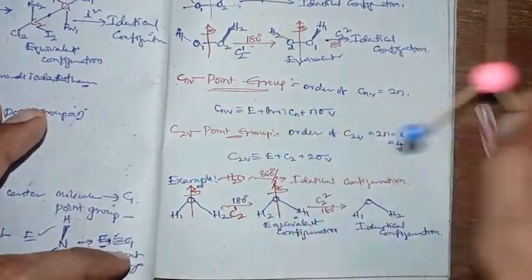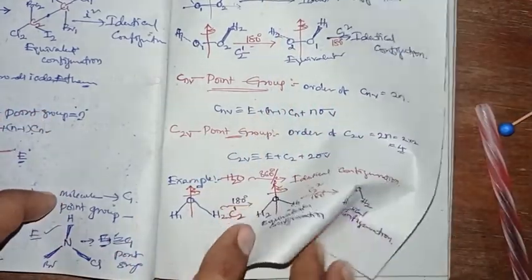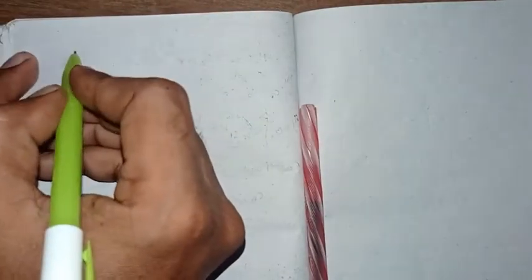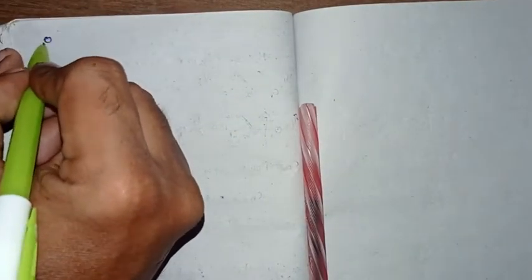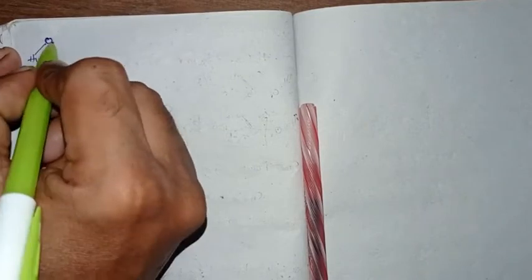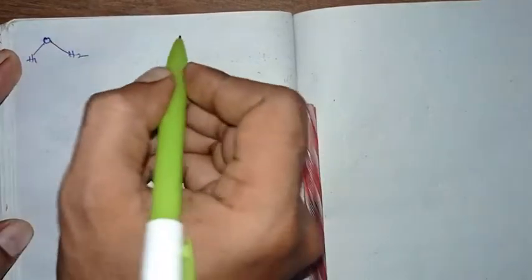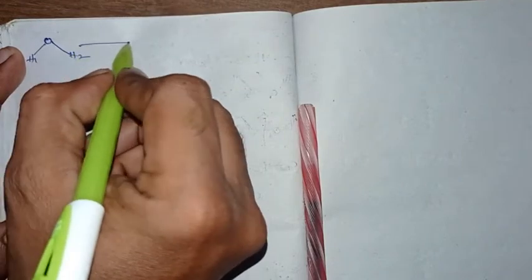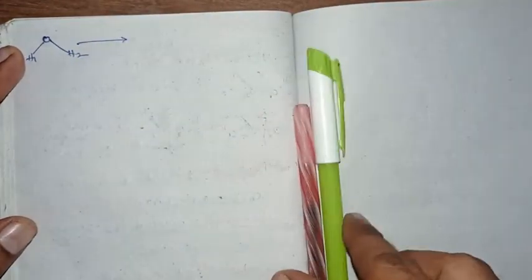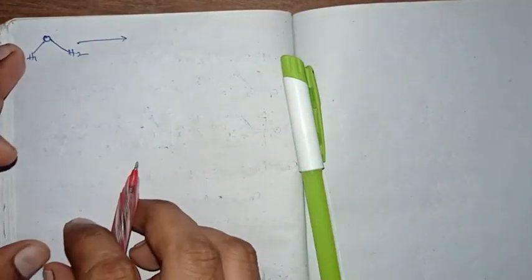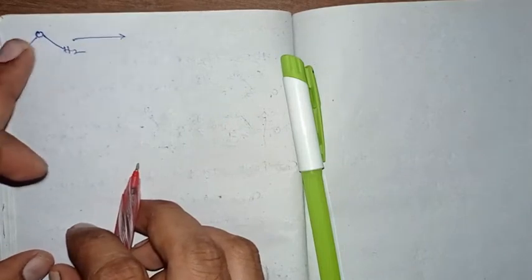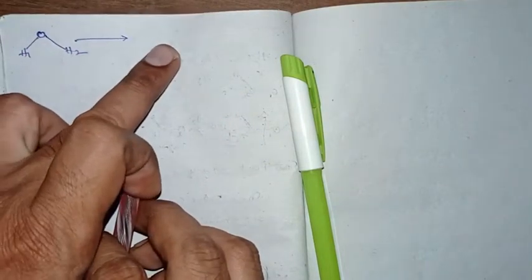So after all, we have to go for the planes of symmetry, right? What planes of symmetry will the water molecule consist of? So, writing the water molecule right here, apply a plane in a manner that gives an equivalent configuration.